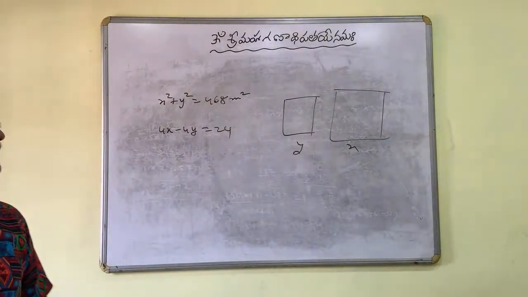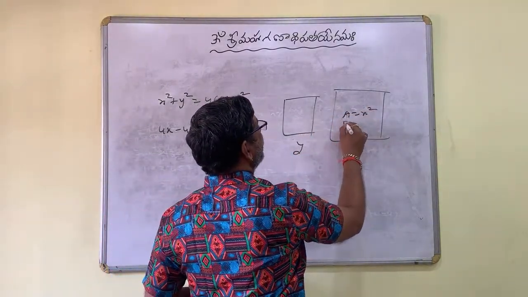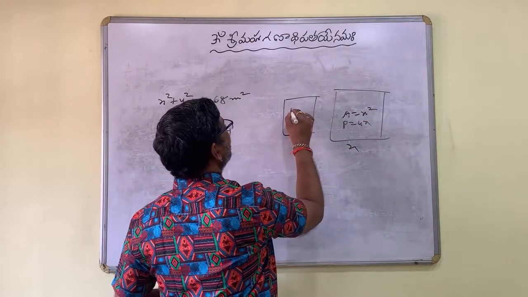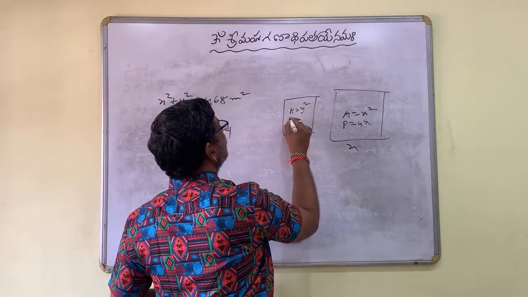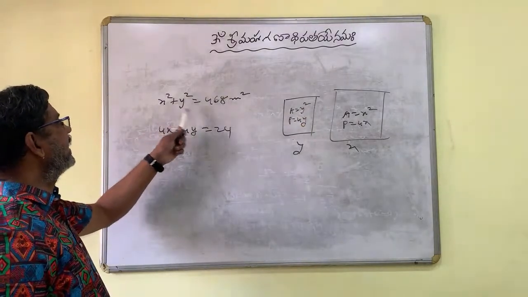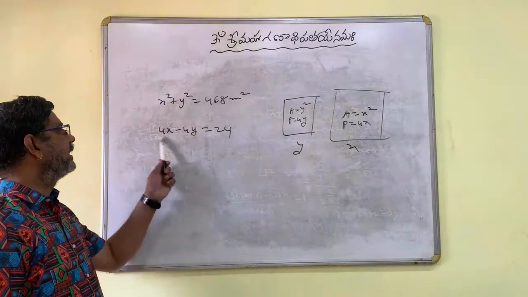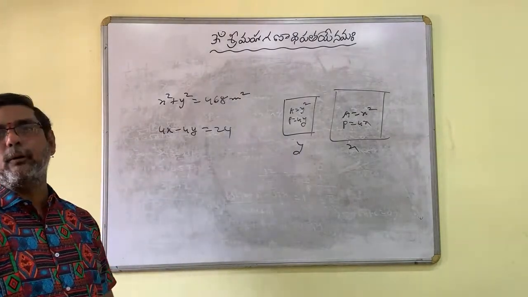The area of this one is x square and perimeter 4x, and the area of this one is y square and perimeter is 4y. So the sum of the areas is 468 and the difference of perimeters is 24.